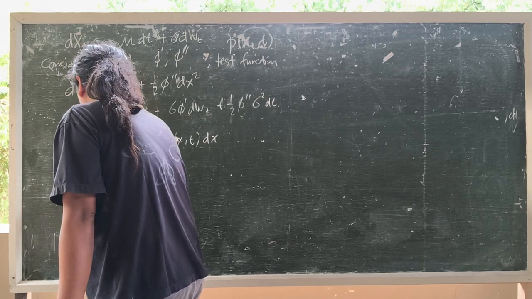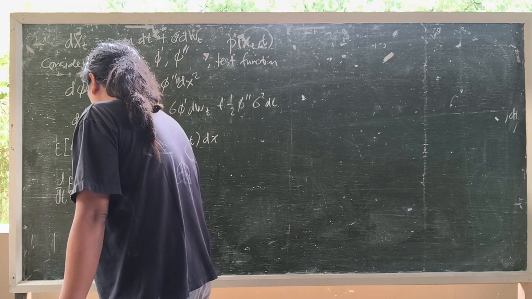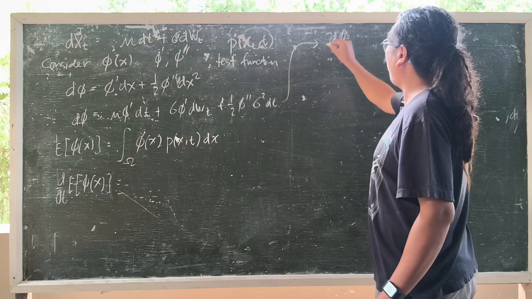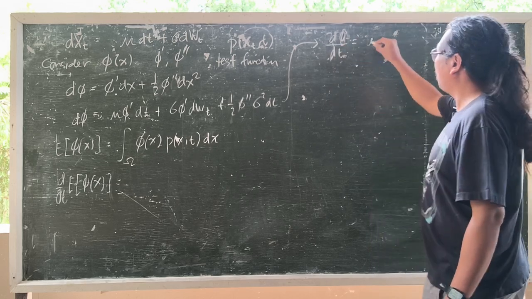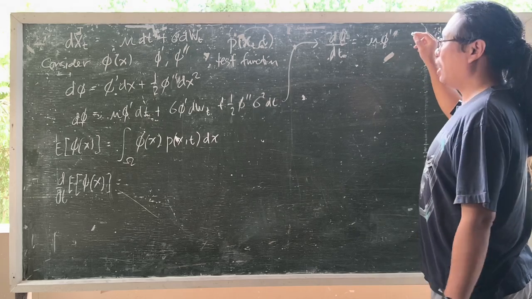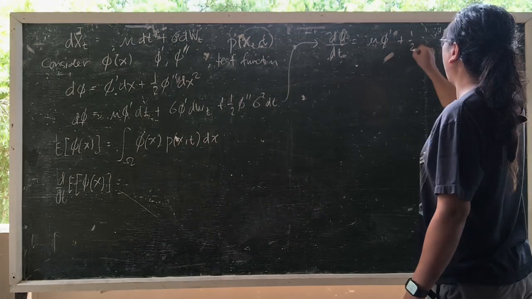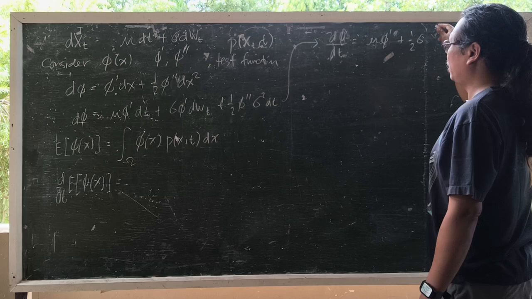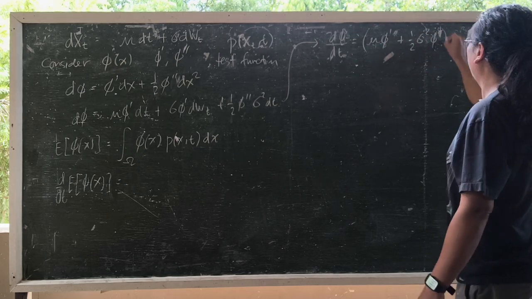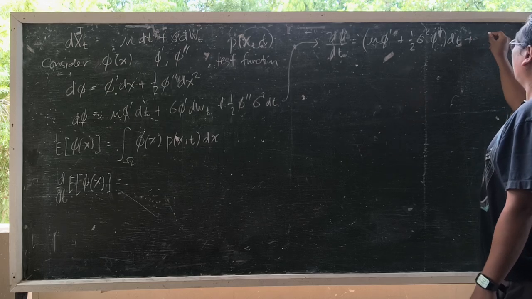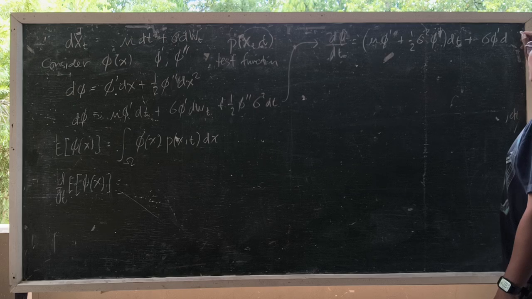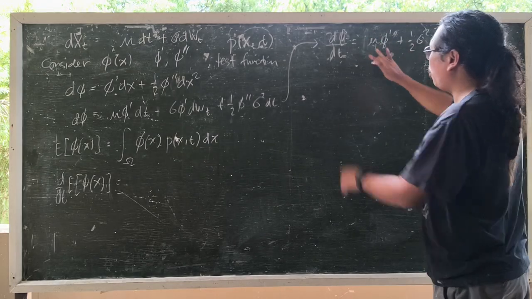We have now d phi over dt equals mu phi prime plus 1/2 sigma squared phi double prime dt plus sigma phi prime times the white noise, right? There is no dt here because we already moved this one.